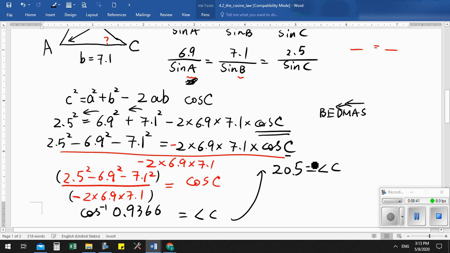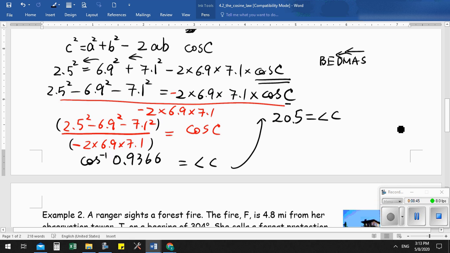On your calculator, if it's a backward calculator, no matter what, you need to do this part first. So type 2.5, x squared, minus 6.9, x squared, minus 7.1, x squared, then equals, then divide.